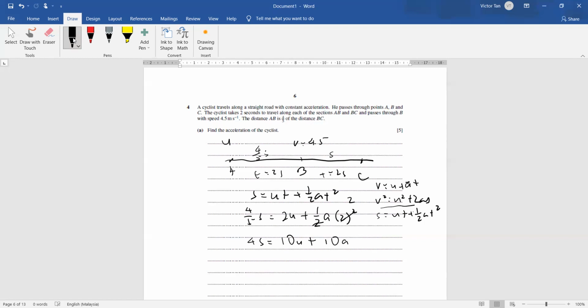Now I'm going to use this on the second part. These two equations.